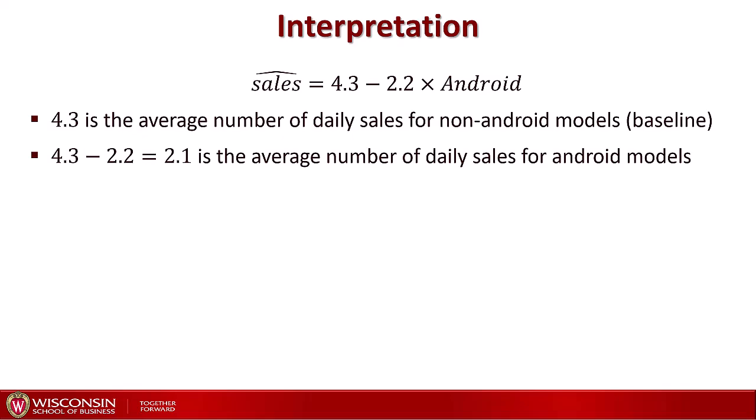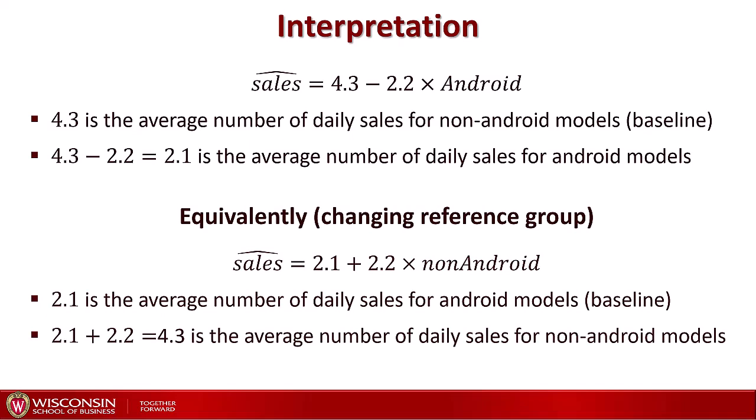We could reverse that equation and get instead the Android group as a reference group and put in the equation the non-Android indicator variable. In that case, we get these coefficients, 2.1 and 2.2.